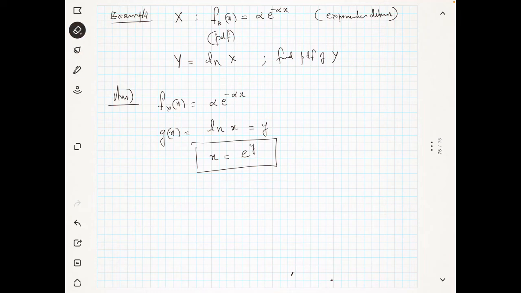Now you can see this is again a monotonic function.